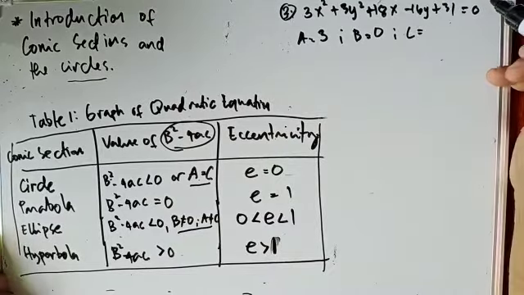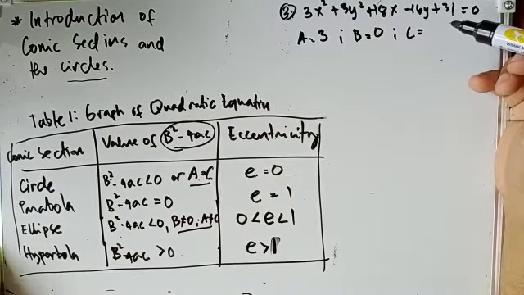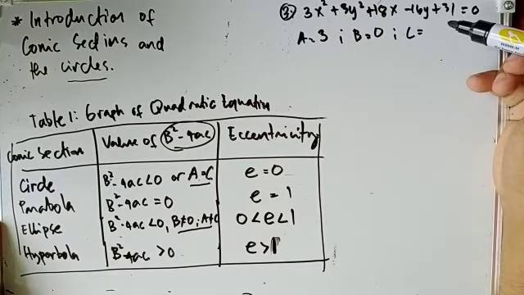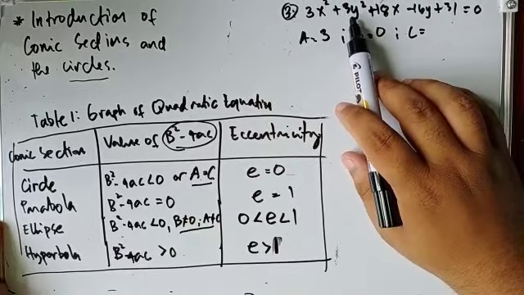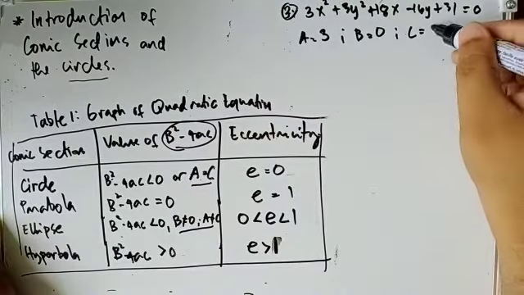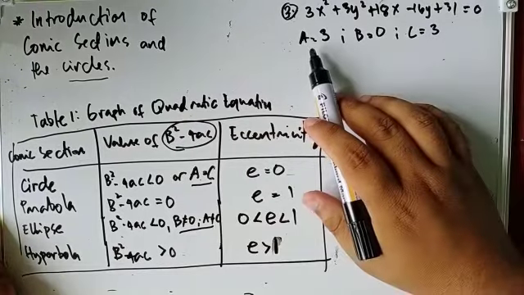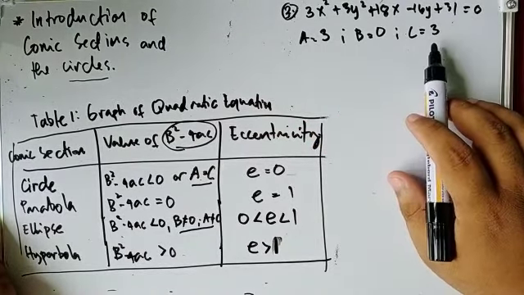Now, what is c naman dito? Yung c natin dito, take note, dapat katabi siya ng y squared. Ano yung numerical coefficient sa y squared? Yes, we have 3. So dapat, yung c natin must be equal to 3. Ulitin ko, a is 3, b is 0, c is equals to 3.